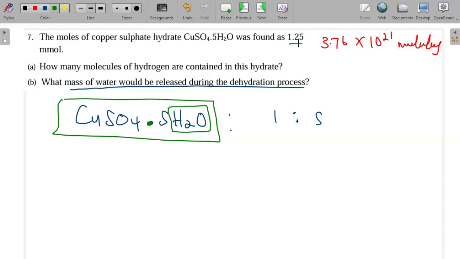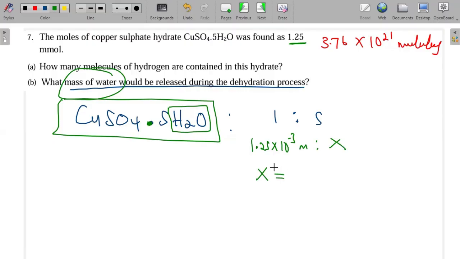So what if I have these moles now, which I said was just 1.25 times 10 to the power minus 3 moles? How many moles of water am I going to have? And then once I have the moles of water, I can now find my mass of water, because my molar mass of water is very simple to find. So cross multiply, I have x is equal to, this here will just be what?